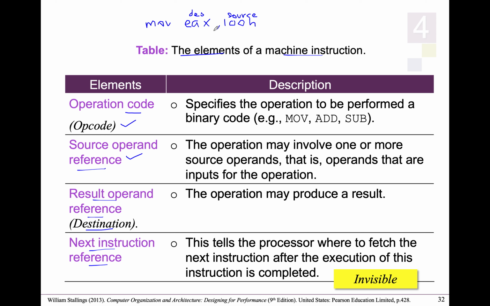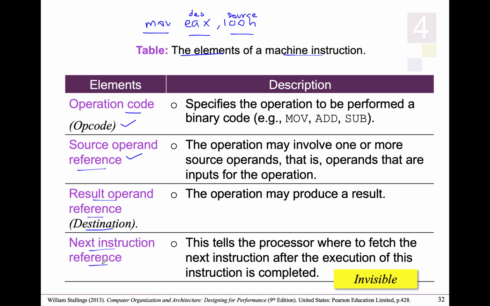I guess we already looked at this several times, and this is your opcode. So you have the result operand and also your source operand. Basically it's an operand, only that this is the destination and this is the source.